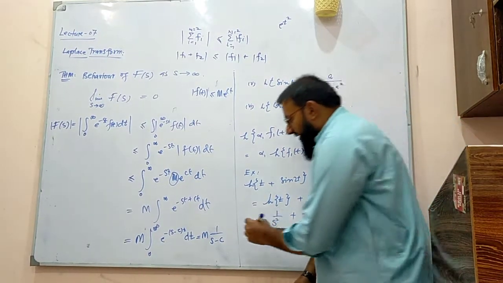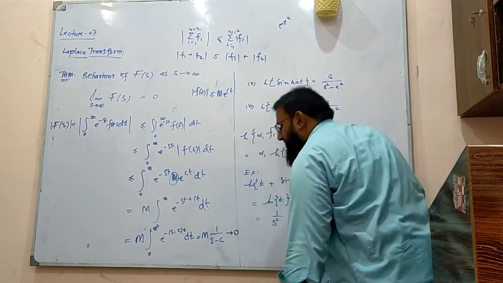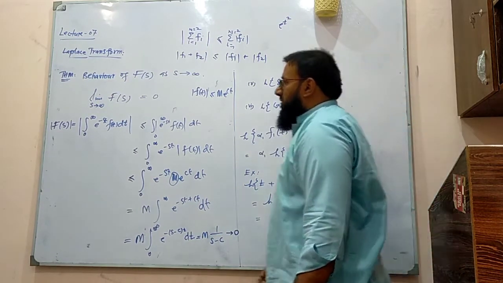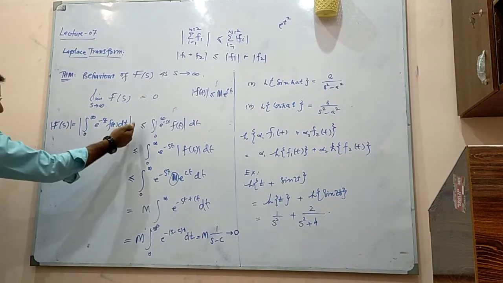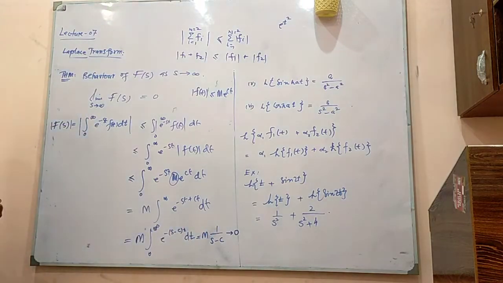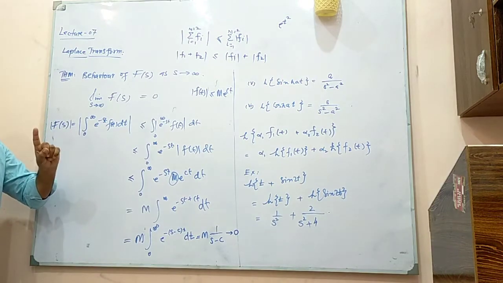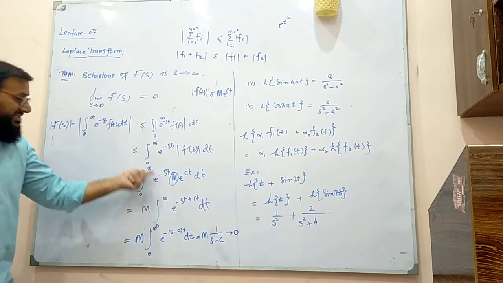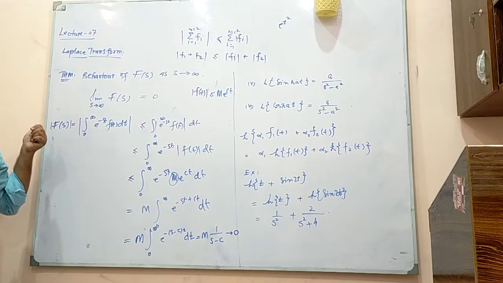It becomes 0. So when s tends to infinity, this particular thing becomes 0. So the absolute value of F of s is less than or equal to 0. So what about this particular function? This is an absolute value, meaning always positive. If a positive thing is less than or equal to 0, it means the thing must be 0.